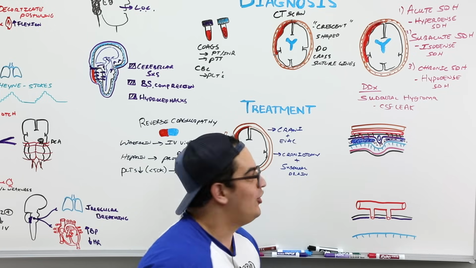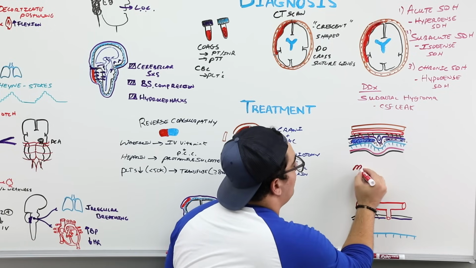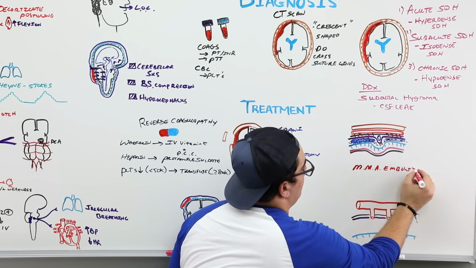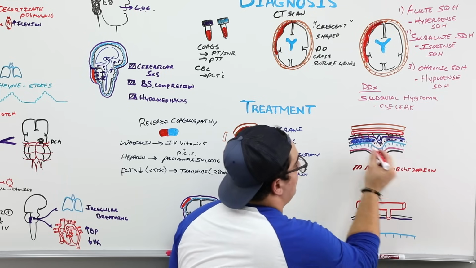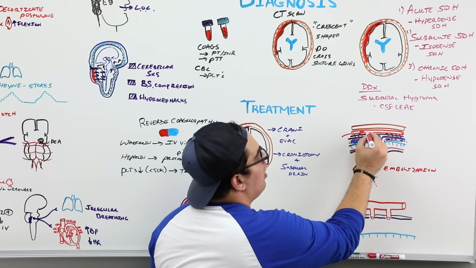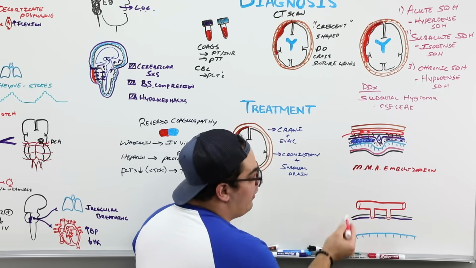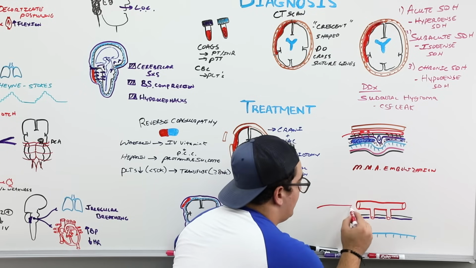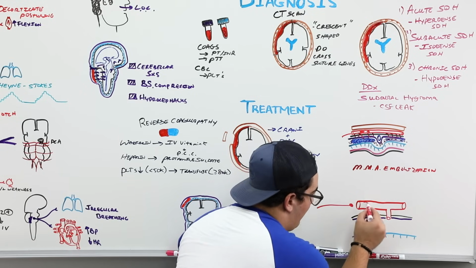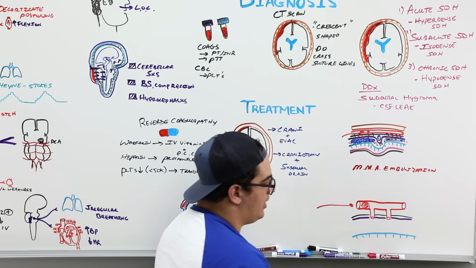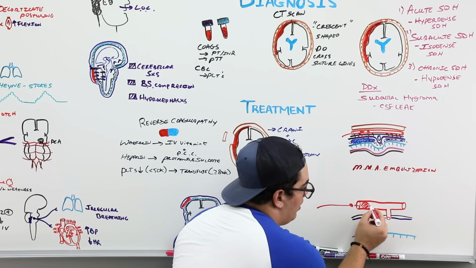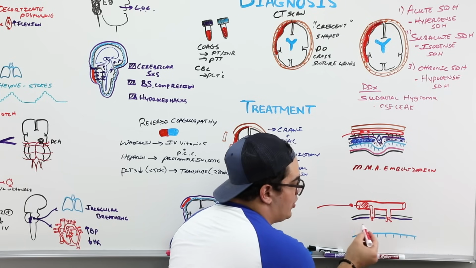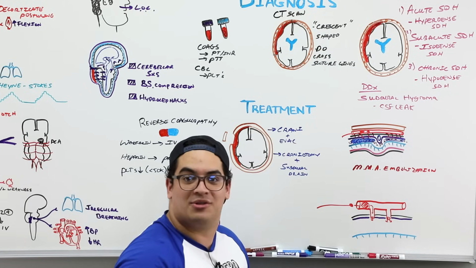You know how? We can do what's called a middle meningeal artery embolization. If we embolize the middle meningeal artery, we clog that up, so what's going to happen? Well, think about it. If we zoom in and make this picture a little bit bigger, and I were to send something in and embolize this vessel here, am I going to be able to allow blood to flow through here and allow red blood cells and proteins and all that stuff to extravasate and leak into that subdural space?